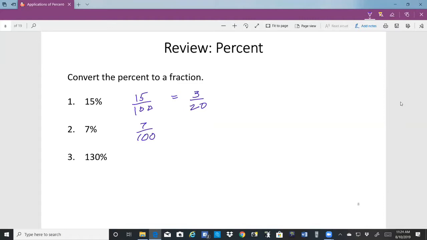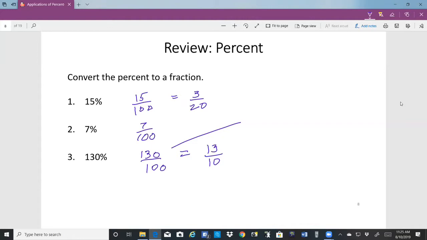For 130%, we get 130 divided by 100 is equal to 13 divided by 10. But you can do this in 2 steps.